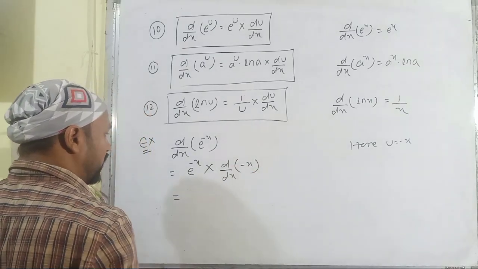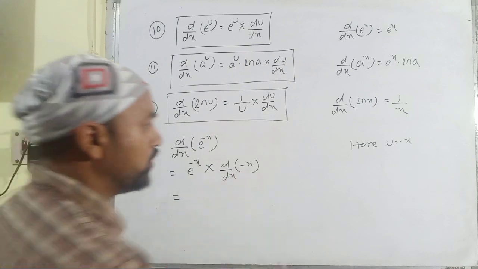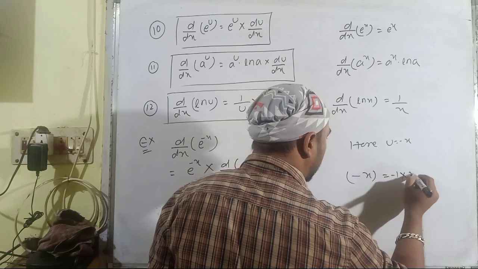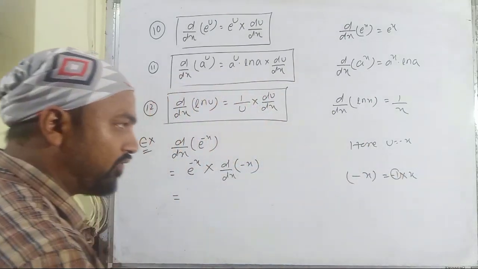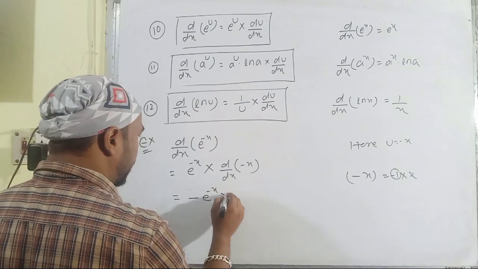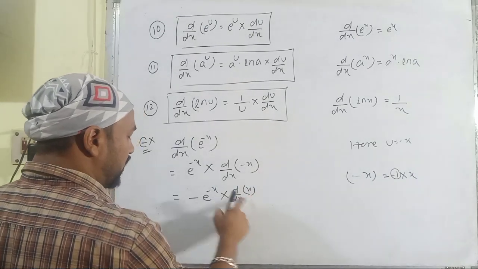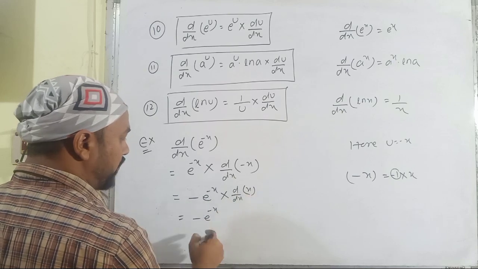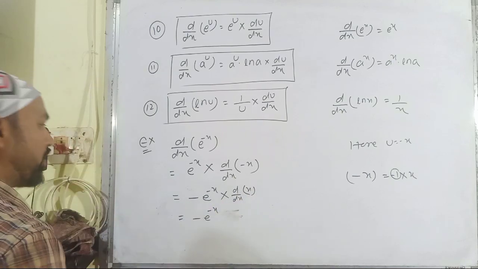Minus x means we take the common factor of minus 1, because minus x is minus 1 multiplied with x, and minus 1 is a constant. So by applying the algebra of derivative, it will be minus e to the power minus x with the differentiation of x, and the derivative of x with respect to x is 1. So it is minus e to the power minus x.